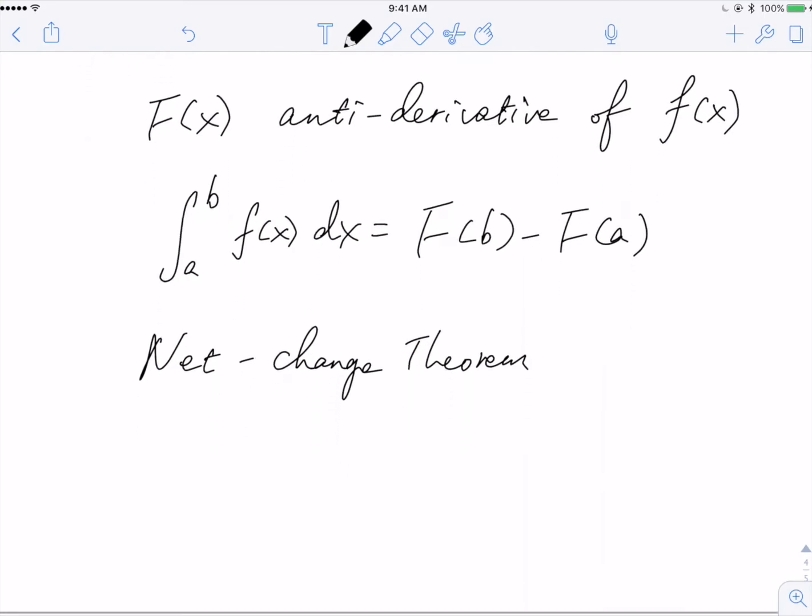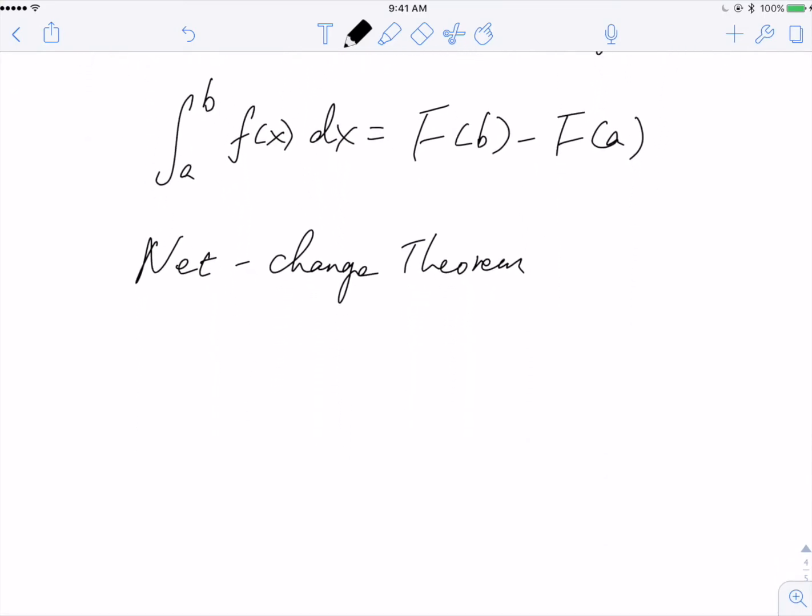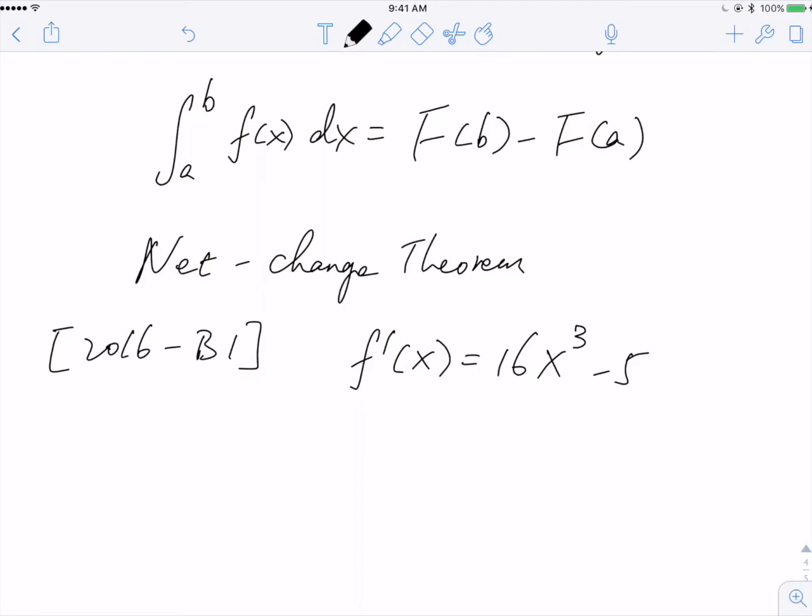Okay, so how can we use this in a test? It will ask you something like the one from 2016, part B, question 1. So it's going to be an easy one. Saying that f prime of x equals 16 x to the power 3 minus 5. And we know that f of 1 equals 3.